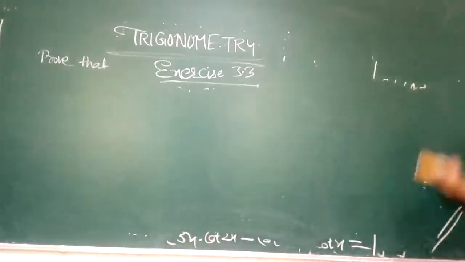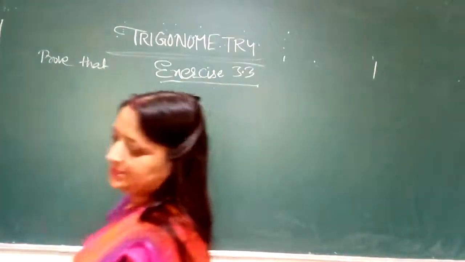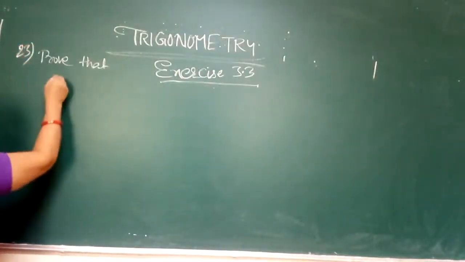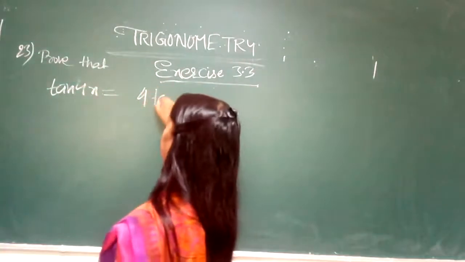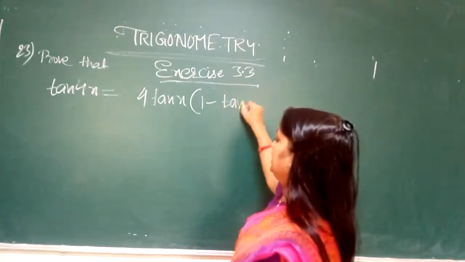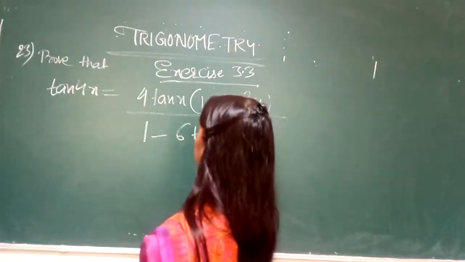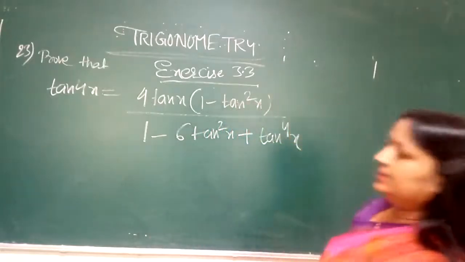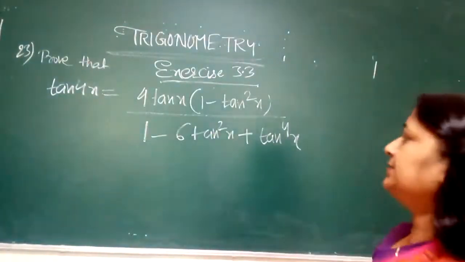In question number 23, you have to prove that tan 4x is equal to 4 tan x into (1 minus tan square x) upon 1 minus 6 tan square x plus tan raised to power 4 x. Now check this question.